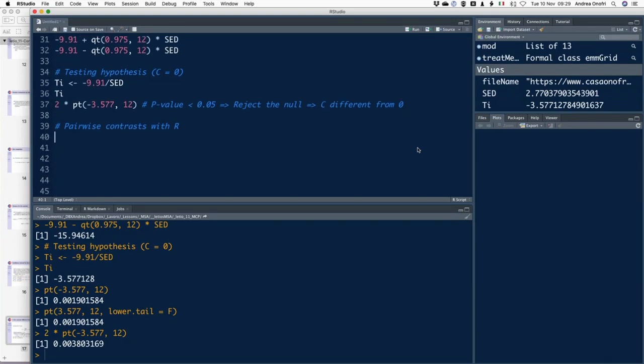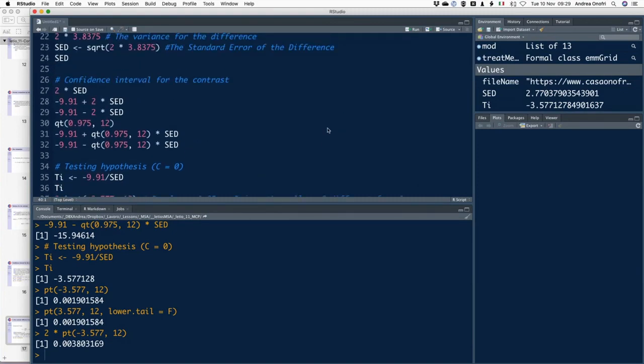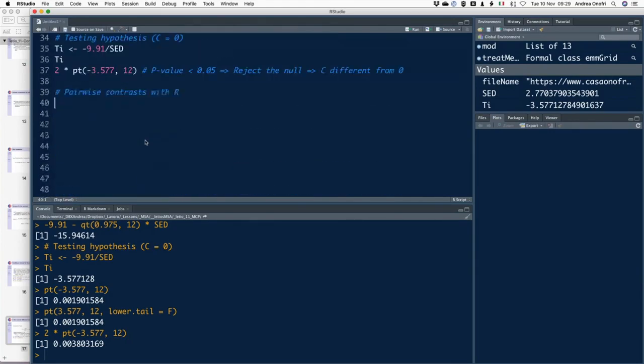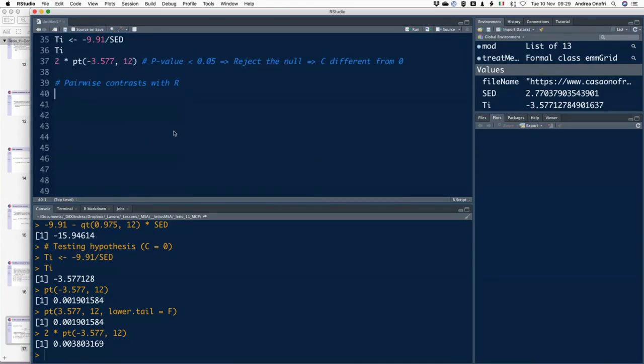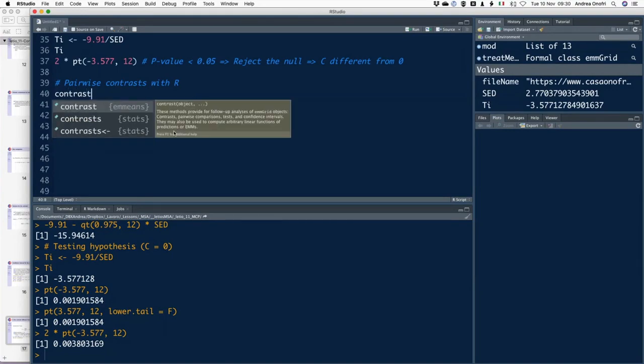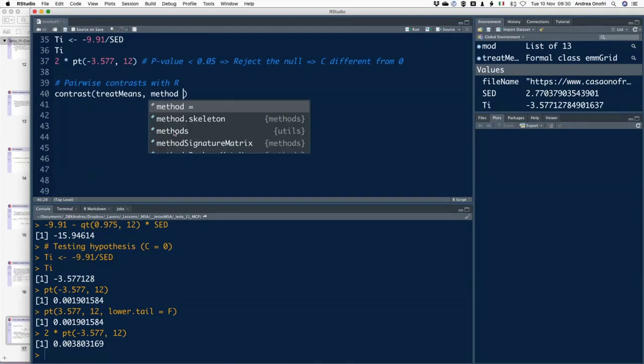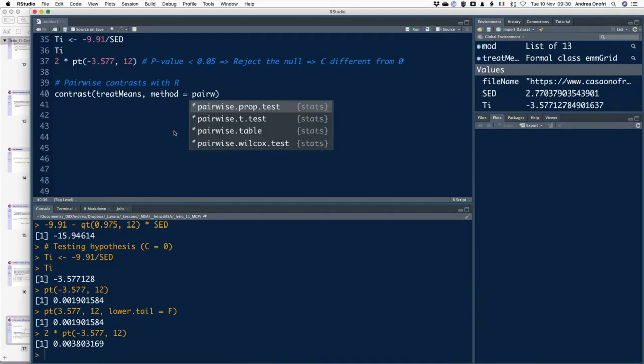We take the means, treat means, and use the function contrast, method equal pairwise.